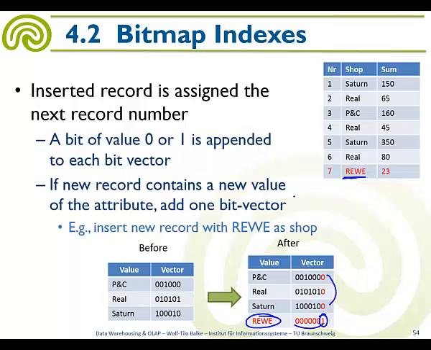And of course, all the other granularities, Peek and Kloppenberg, Real, and Saturn, get a 0 at the end because the sale was not from their side. Clear to everyone what we're trying to do here? It's quite easy, just playing with bits and representing the fact table with bits, so that we can then quickly know which tuple to select from the fact table.